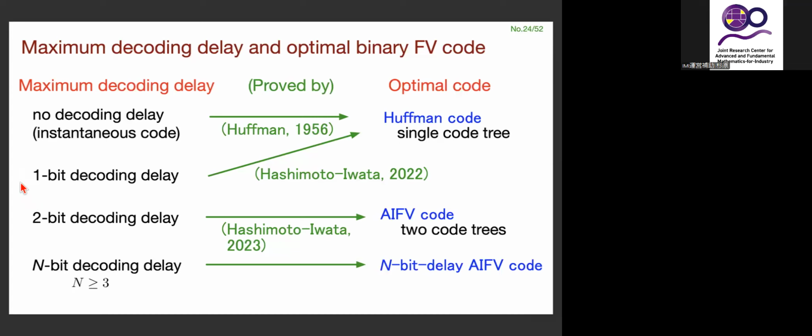In the case that the maximum decoding delay is 1 bit, Hashimoto and Iwata proved that the Huffman code is still optimal, even if we can use 2 or more code trees. And in the case of 2-bit decoding delay, Hashimoto and Iwata also proved that the AIFV code with 2 code trees is optimal, even if we can use 3 or more code trees.